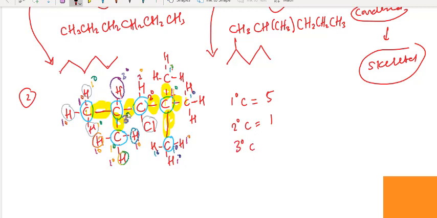So we got tertiary carbon 1. We got 1 tertiary carbon. And this one is 2, right? Okay.